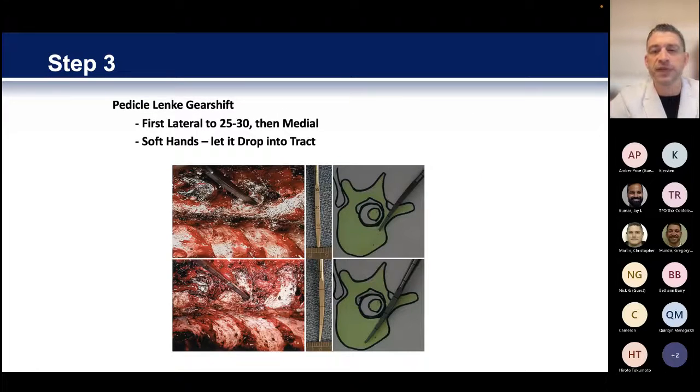Other ways to do it is with the lanky probe, and the lanky probe is one that has a curved tip to it, and this is the way Larry will teach it, is that for the first about 25 millimeters or so, you have the tip of the lanky probe aimed laterally. The main reason there is just that you don't want to err in the way of the canal.